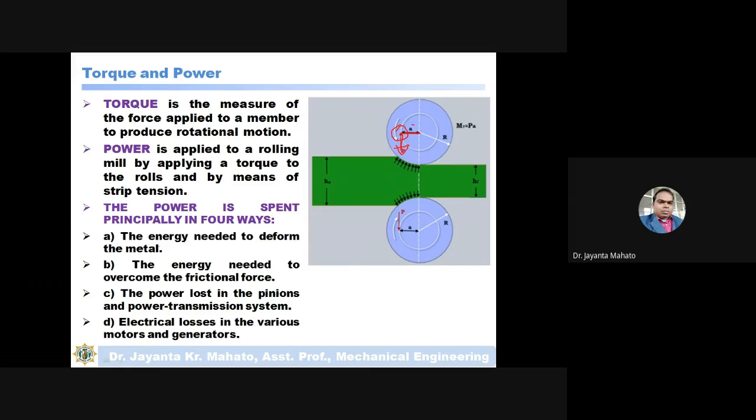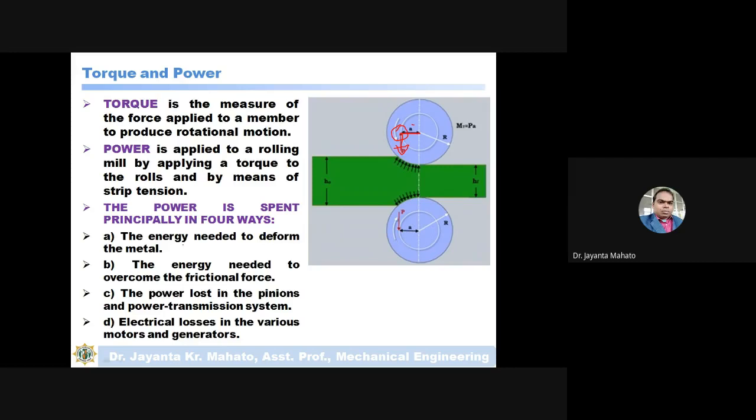Now some assumptions. The energy needed to deform the material means some assumptions are there. The power is spent principally in four ways.